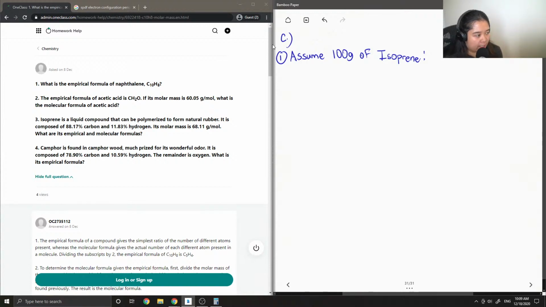So if we had 88.17% of a 100 gram sample of isoprene, the mass of carbon is 88.17 grams. And similarly with hydrogen, this gives us 11.83 grams. Okay, so now that we have the masses, the second step is to find the number of moles.